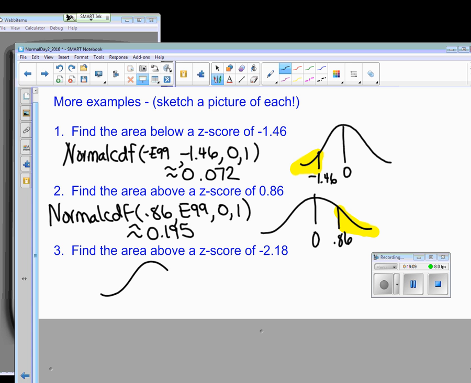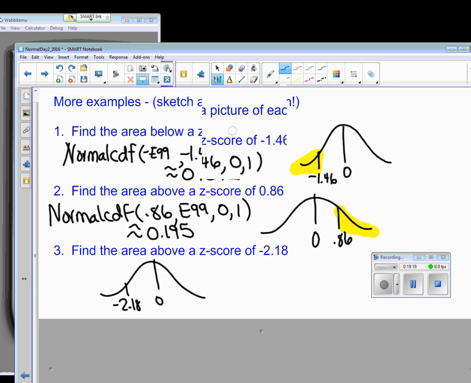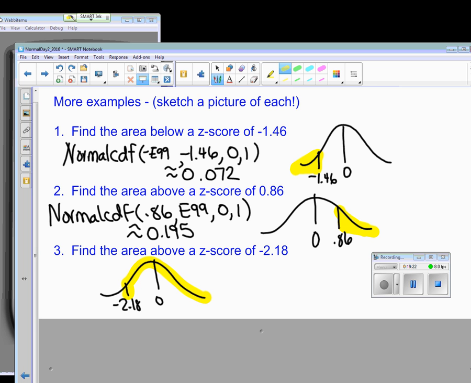Because if you put this here and you have 0, where is negative 2.18? Over here, negative 2.18. It says above. What does above mean? To the right of it. So do I expect my number to be over 50%? Because over 50% of the graph has been shaded.